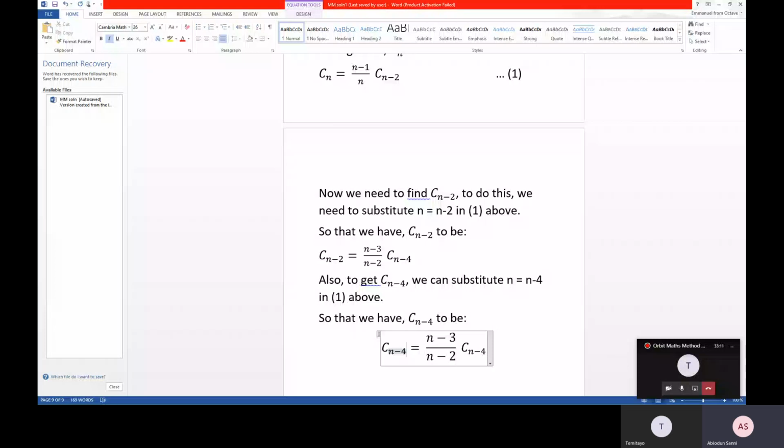Then C(n-2) becomes, so let me copy this and put this inside the bracket. n minus 3 times n minus 5. n minus 2 times n minus 5.